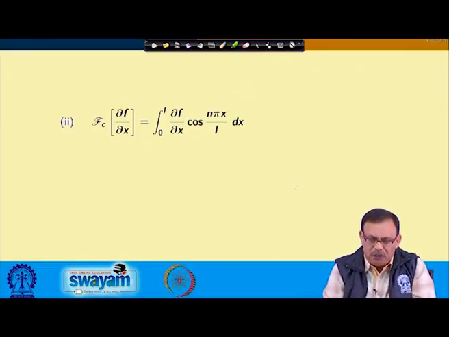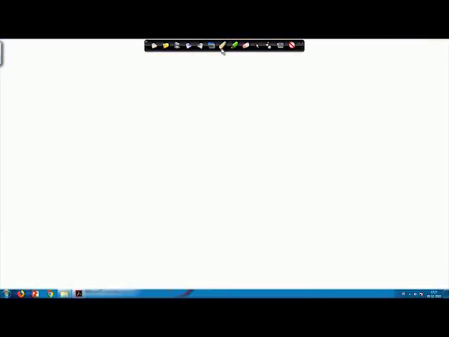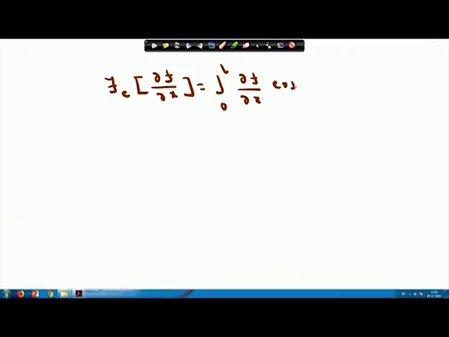The second one is the Fourier cosine transform of del f del x. This equals the integral from 0 to L of del f del x into cos of n pi x by L dx.